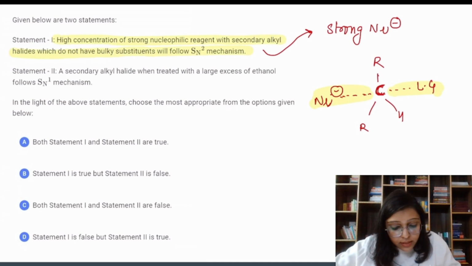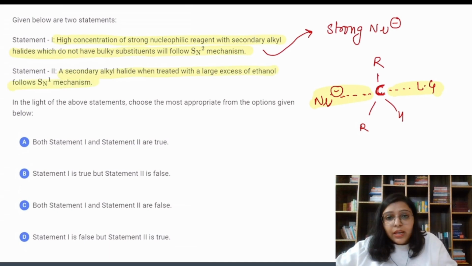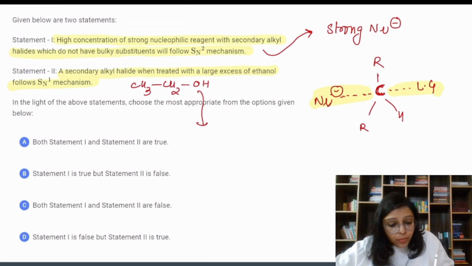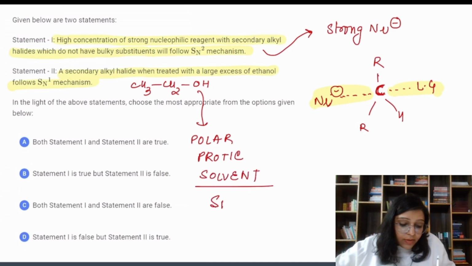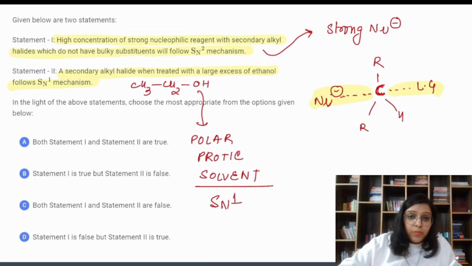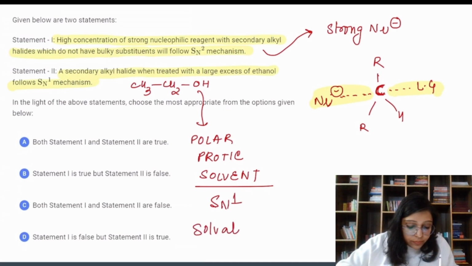Next, statement 2. A secondary alkyl halide when treated with a large excess of ethanol follows the SN1 mechanism. Yes, if we have ethanol, what is it? CH3CH2OH, right? So this is a polar protic solvent. Why? Because hydrogen is bonded to a more electronegative atom, so it favors SN1. Because a polar protic solvent solvates both cations and anions.